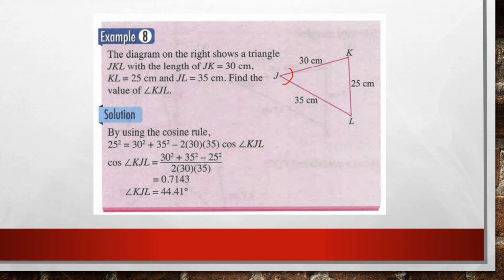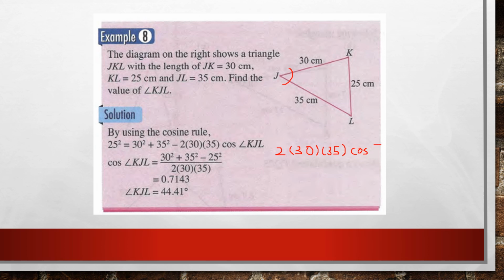That means you will get 2 times 30 times 35 times cos KJL.